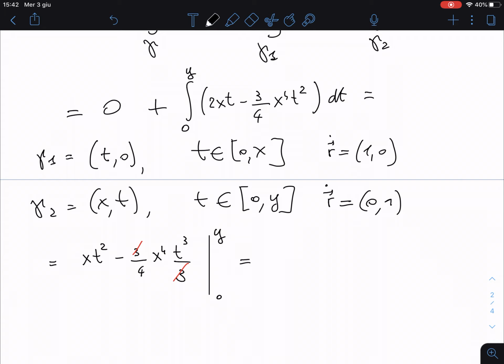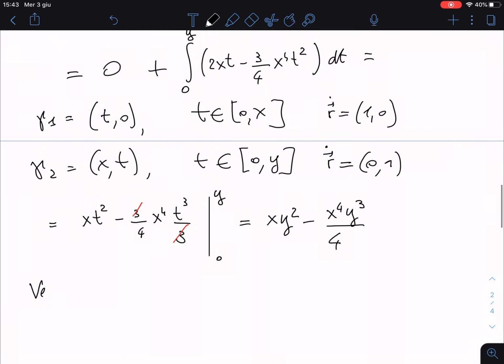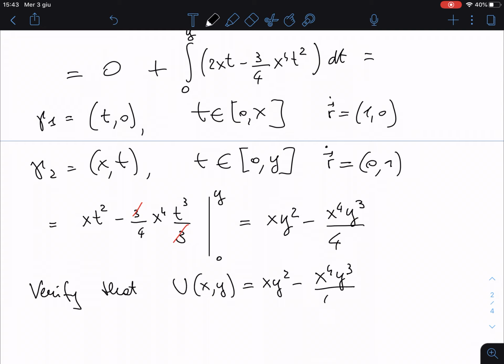So we end up with x y squared minus x to the fourth y cubed over 4. Okay, this is our potential, so let us verify that u(x, y) equal to x y squared minus x to the fourth y cubed divided by 4 is truly a potential.